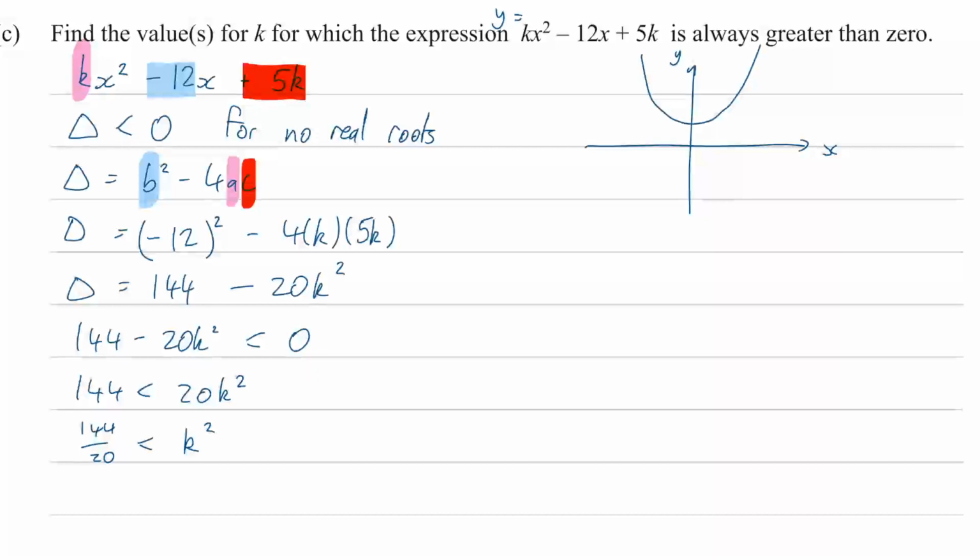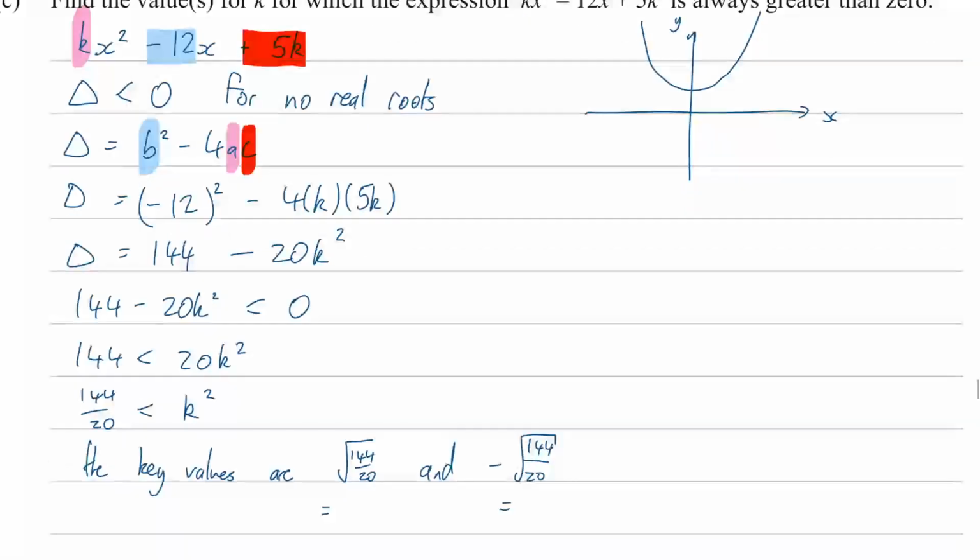I'll show you two methods. We can square root both sides, but this is just to get the key values. The key values are the square root of 144 over 20 and the negative of that, because when you square root, you get a positive and a negative solution. As decimals, this is about 2.68 and negative 2.68.